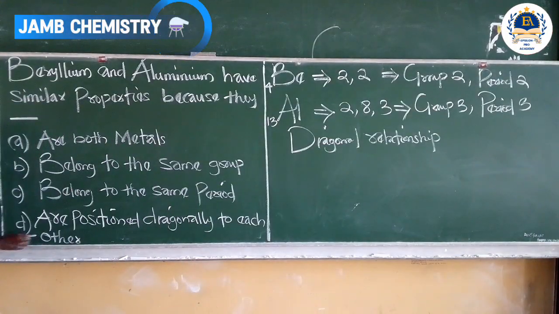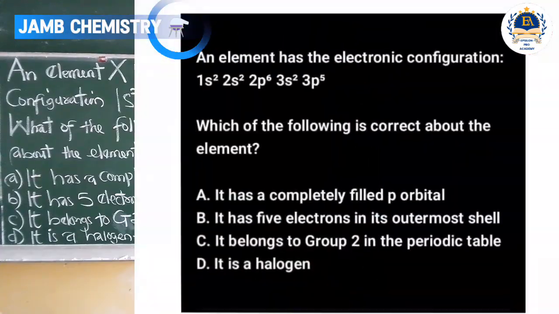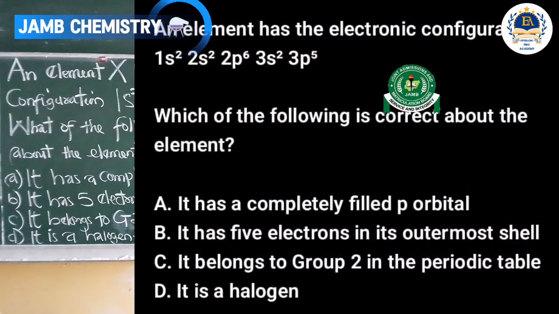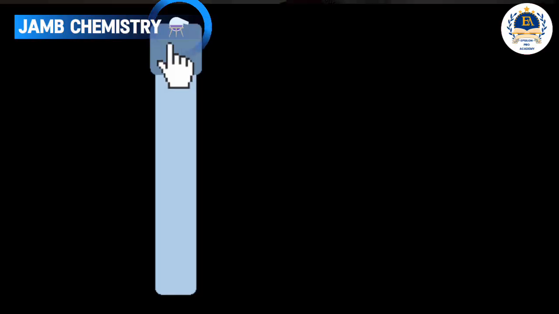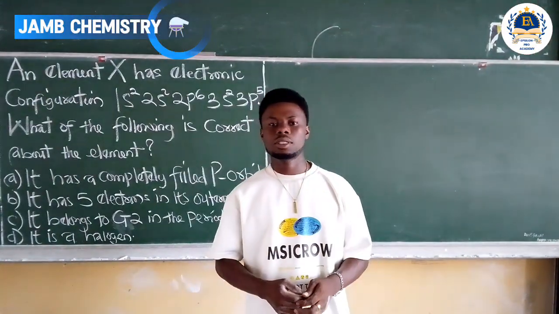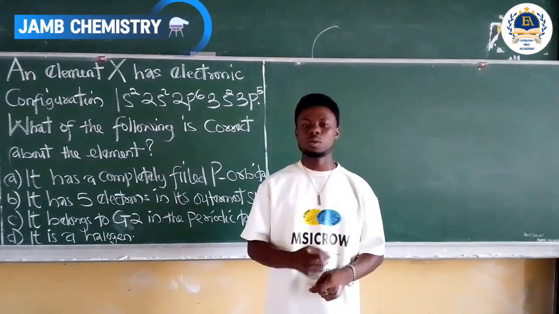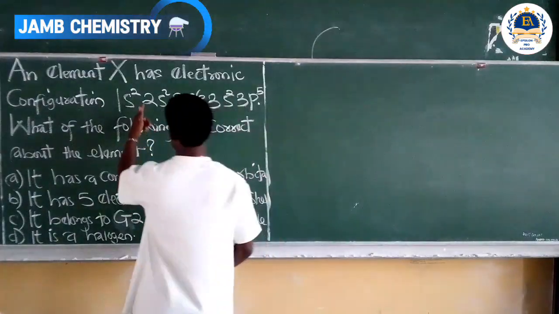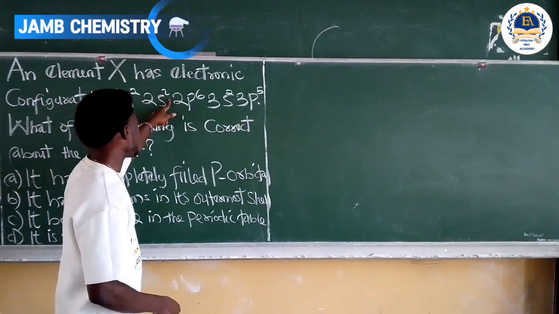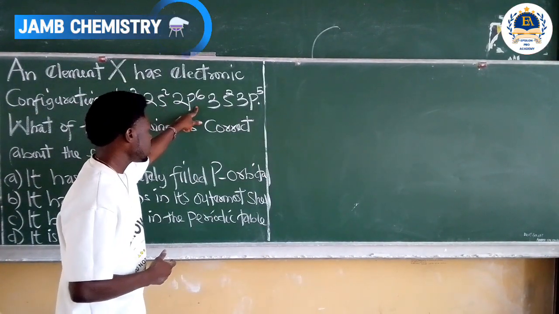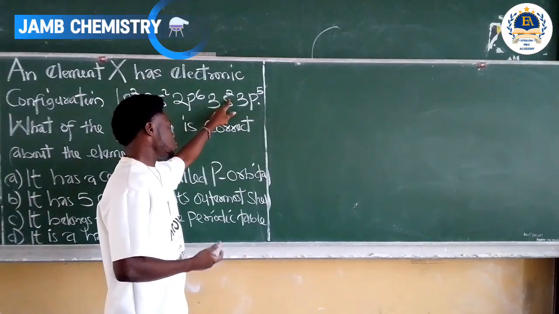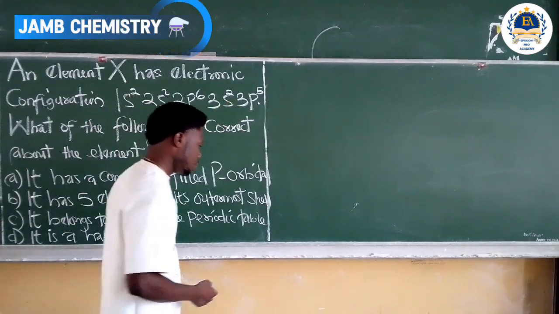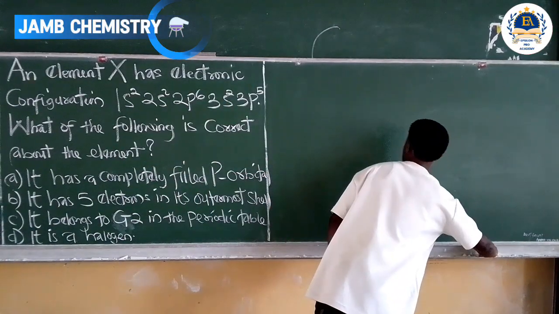Option D. Which of the following is correct about the element? The options are given below. The first thing we have to determine is the total number of electrons in this element. So we have 2 plus 2, 4. 4 plus 6, 10. 10 plus 2, 12. And 12 plus 5 is 17.